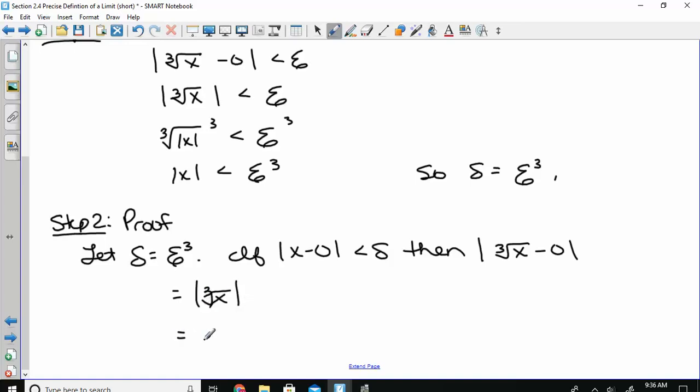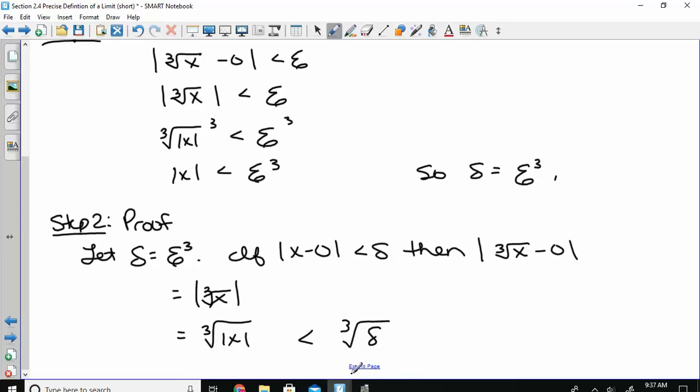So we know if we subtract 0, we can just drop that. We can bring the absolute value underneath. Now, is the absolute value of x the same as the absolute value of x minus 0? Yes. So I can replace this with my delta.